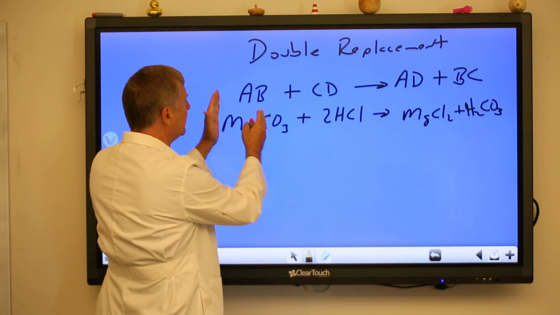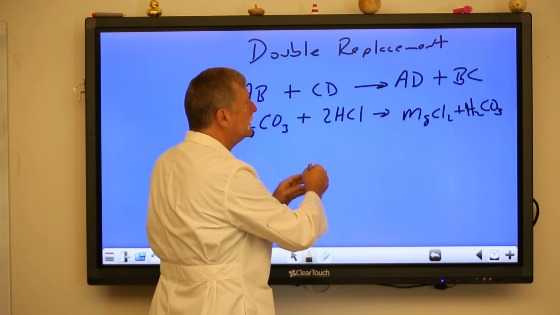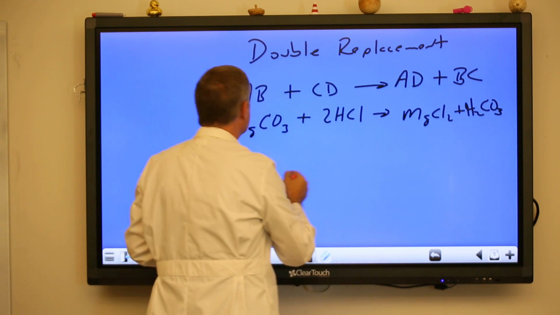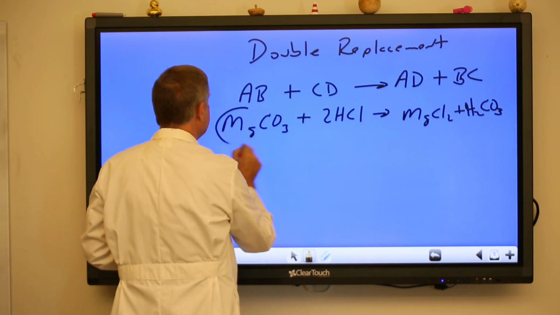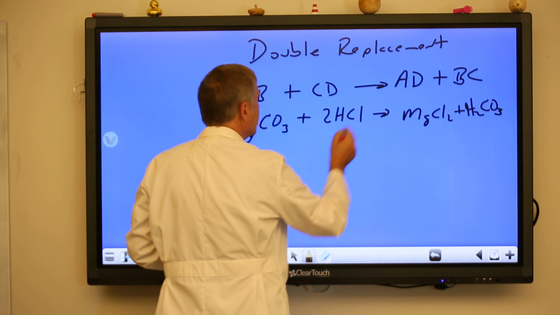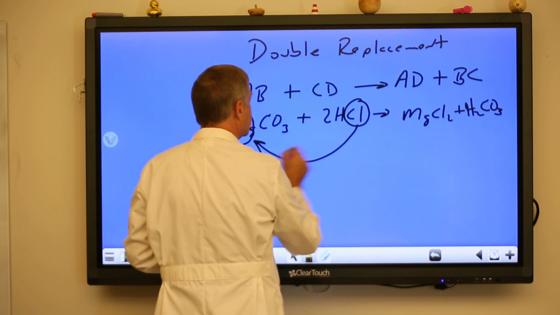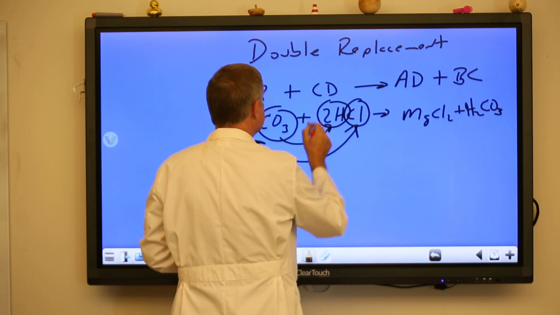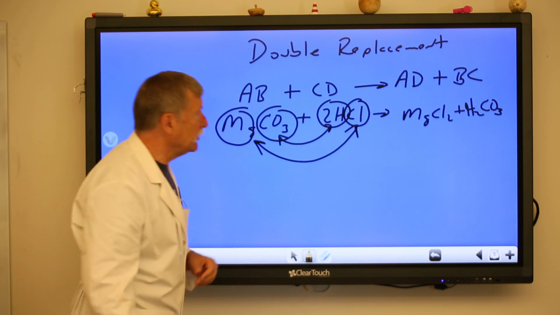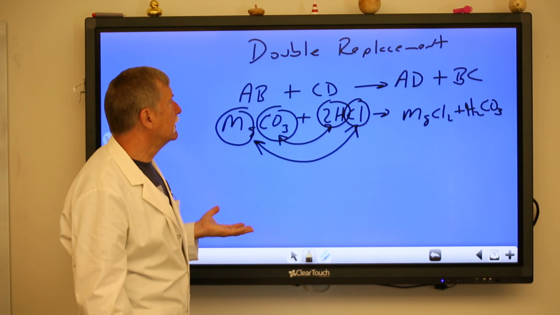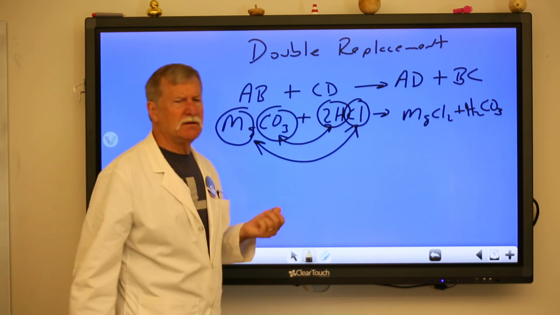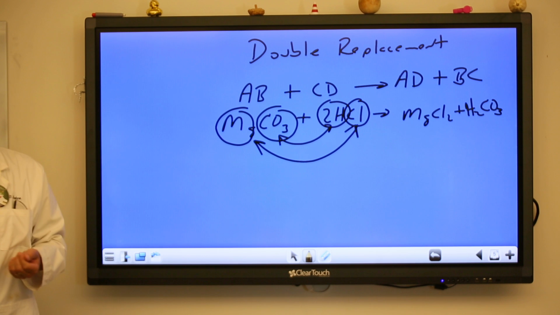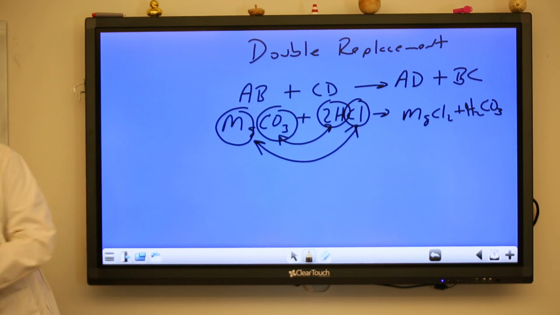Notice you've got a compound plus a compound yields another compound and another compound, but we've had a switch here. This Mg has now been switched with the Cl. And the CO3 now goes with the H. A double replacement. All right? And so you would be tasked in high school chemistry to be able to recognize these types of things.